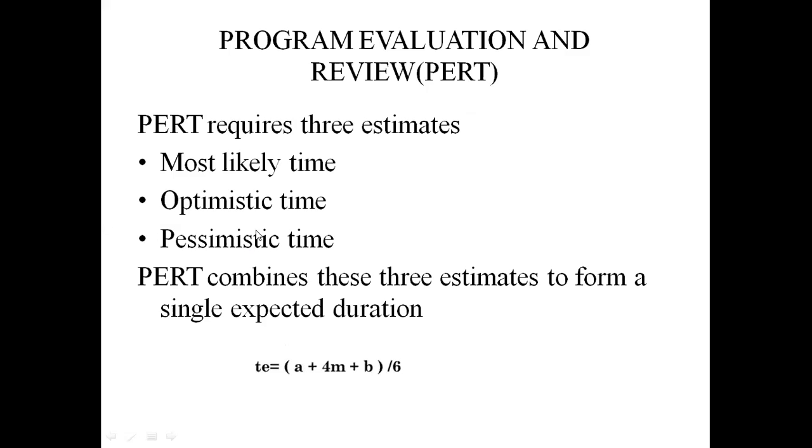Optimistic time is represented with A, most likely time is M, and the pessimistic time is B. Combining these three, we get the T value, that is (A + 4M + B) / 6.